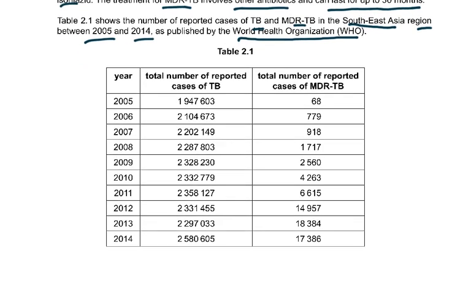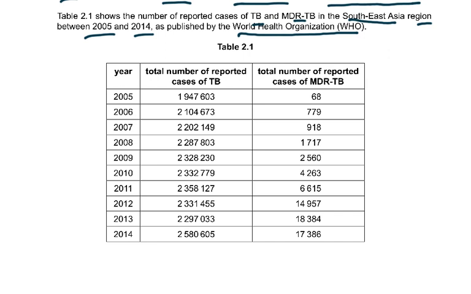Now, as you look at this table, table 2.1, in 2005 the total number of reported cases was 19,47603. The total number of reported cases of MDR-TB was only 68. In 2006, 21,04673, so it has increased, but the MDR-TB cases have also increased. Then in 2007 this has increased a little, and then this has increased to 918.